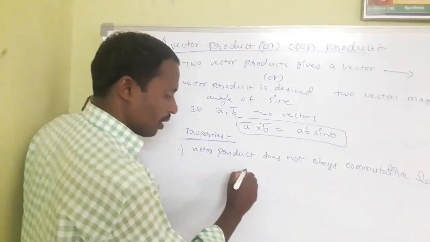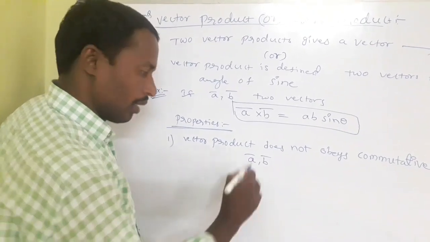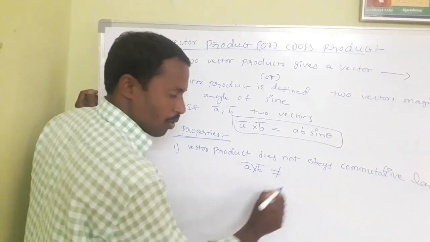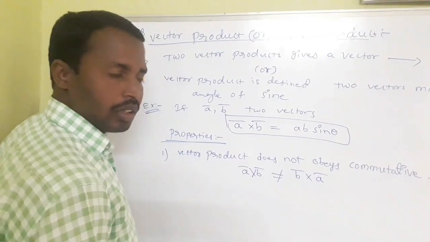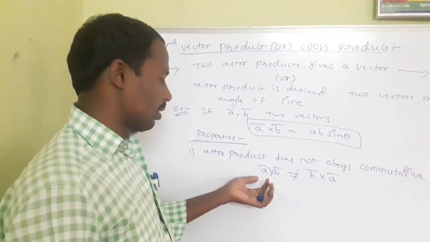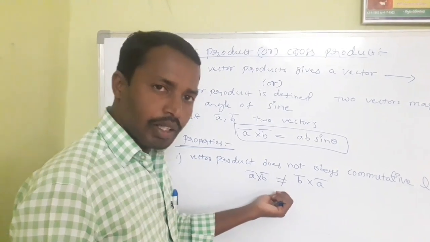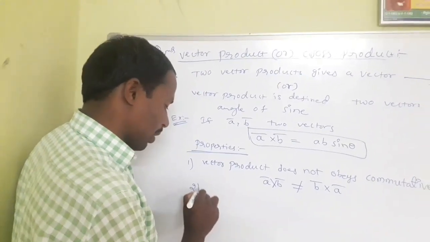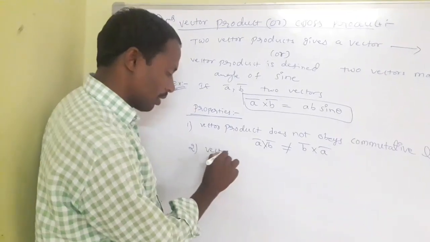For example, if a bar, b bar are two vectors, then a bar cross b bar is not equal to b bar cross a bar. So the vector product of the two vectors a bar cross b bar does not equal b bar cross a bar.